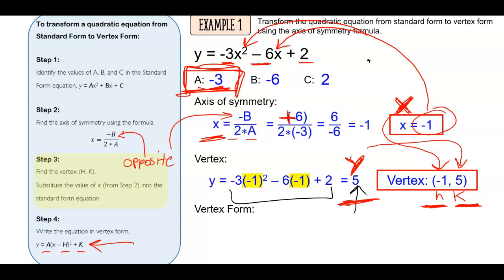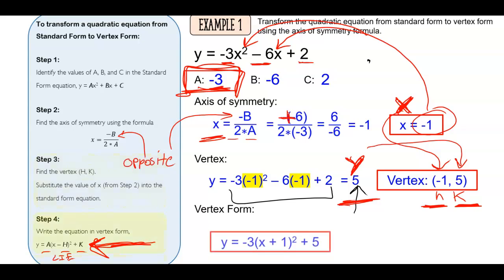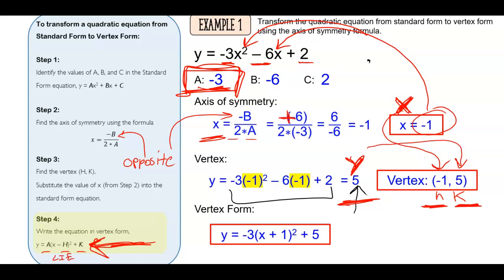All I got to do is plug that in right here. All I got to remember is that insiders lie, and I'm good when I type this in. So here we go. Do you see how we had Y equals A times (X minus H) squared plus K?